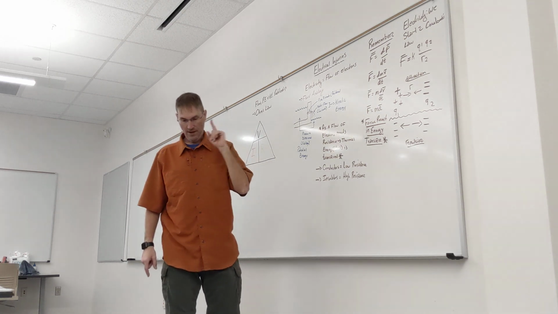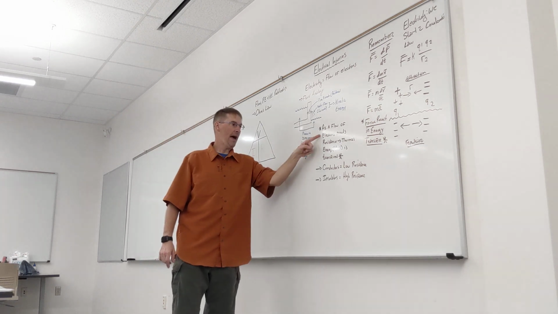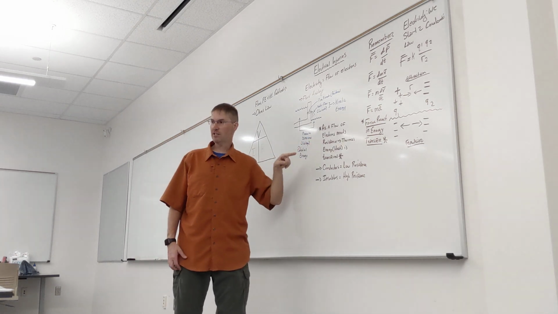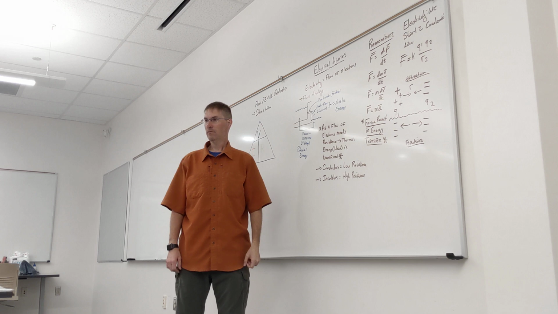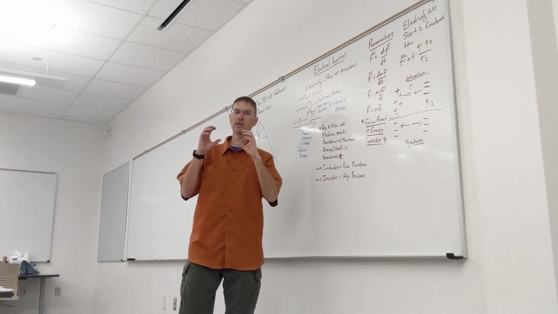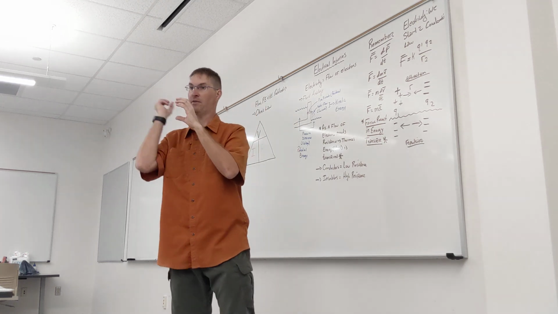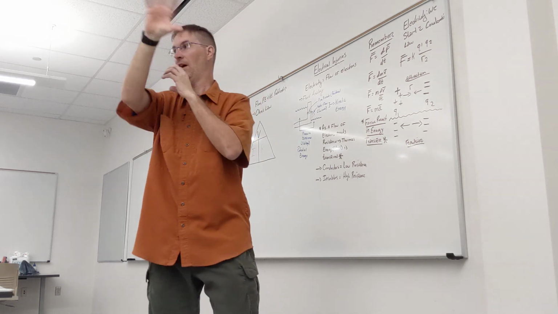Now, the other key thing to understand when it comes to electrical injuries is the following. As a flow of electrons meets resistance, so as current meets resistance, you can think of those electrons as kind of bumping into stuff, right? So they're flowing through something, and those electrons are bumping into stuff.